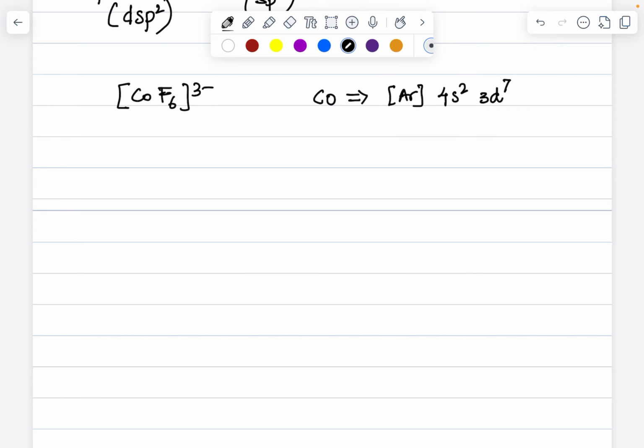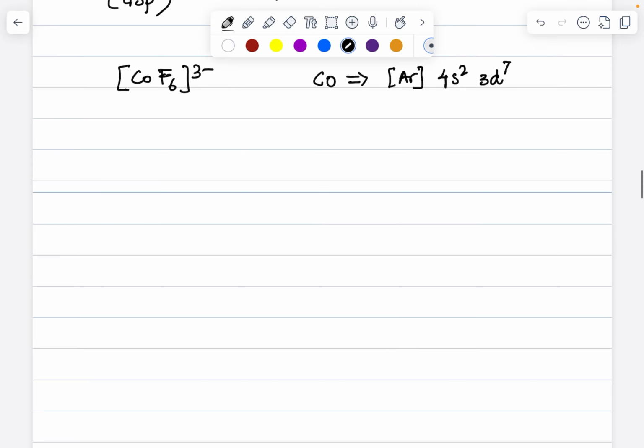This is the electronic configuration of cobalt. I will write over here cobalt; 3d comes, not with respect to energy, but the third shell comes, the quantum number is lower for this, 3.